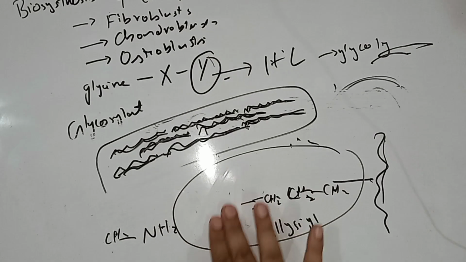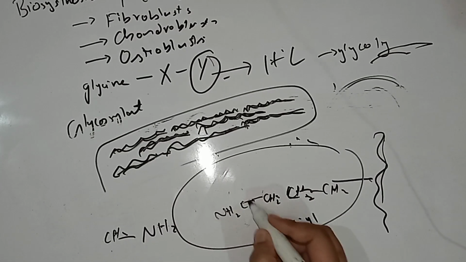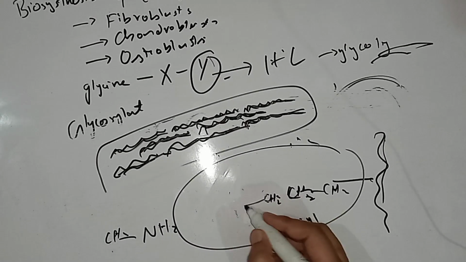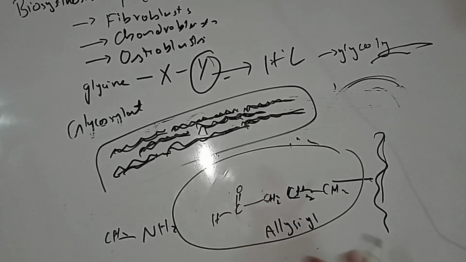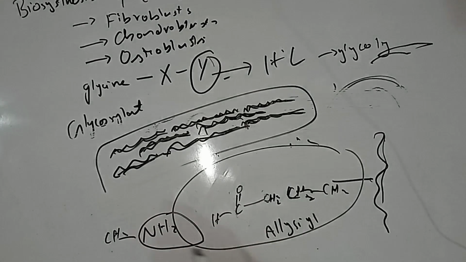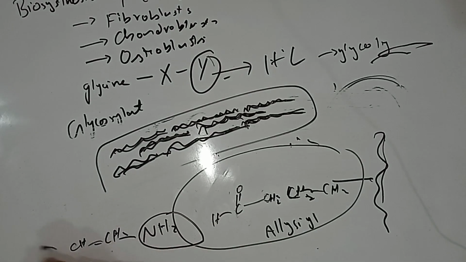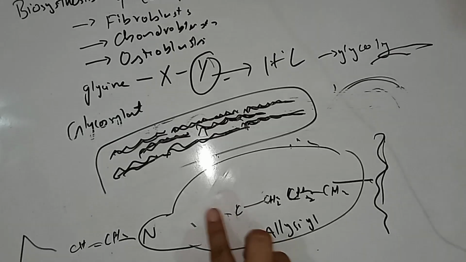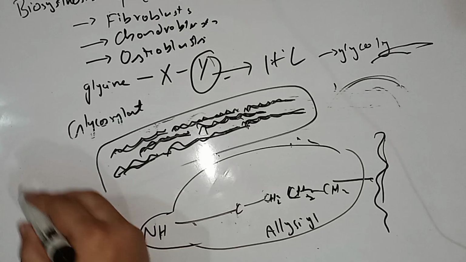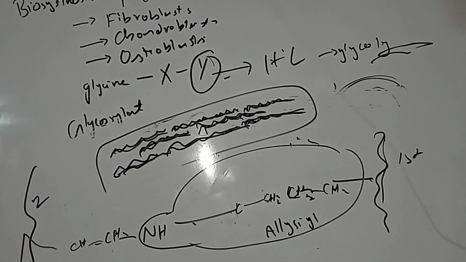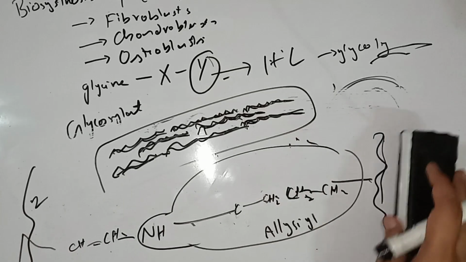Lysine residue normally has NH2 here and then CH2. Lysyl oxidase removes this NH2 and converts this into the aldehyde group. So if this aldehyde group comes near another NH2 group or NH2 containing amino acid, they will react and form a C=N bond, and this will be from the other chain. This is the second chain and this is the first chain. In this way, the fibrils will link to each other and there will be further cross linking, forming the mature collagen molecule. Let me repeat it.